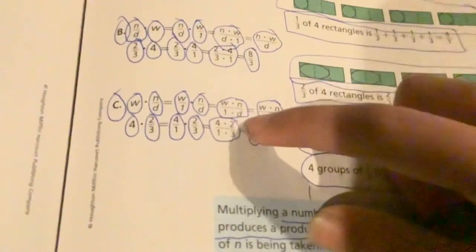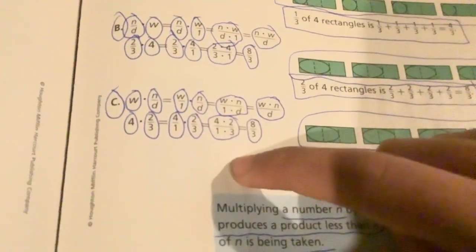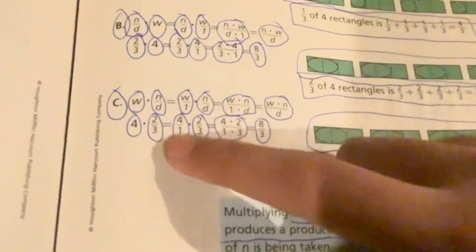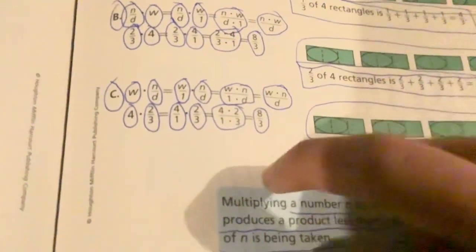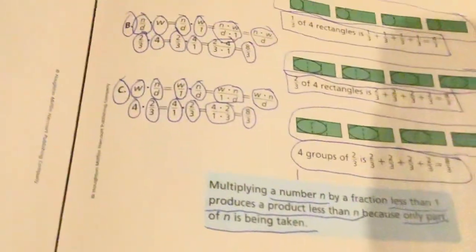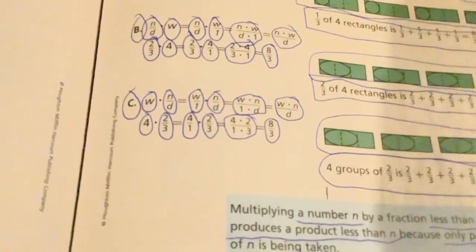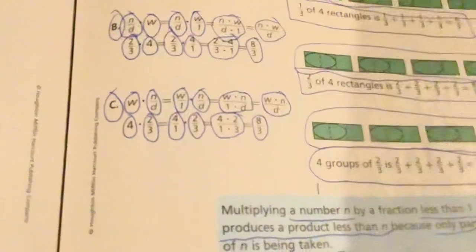So, it is not always true, but it could be true. Yes, because 2/3 is less than 8/3. So, it could sometimes be true, but the product will not always be less than n. Because more parts of n might be taken, but only one part is taken in this case.